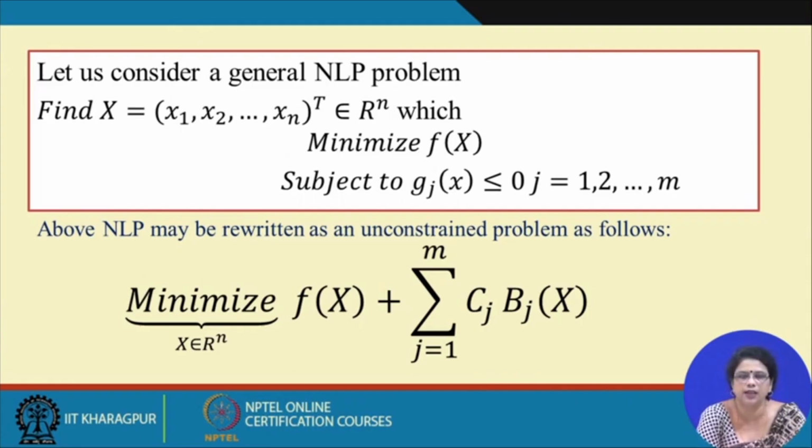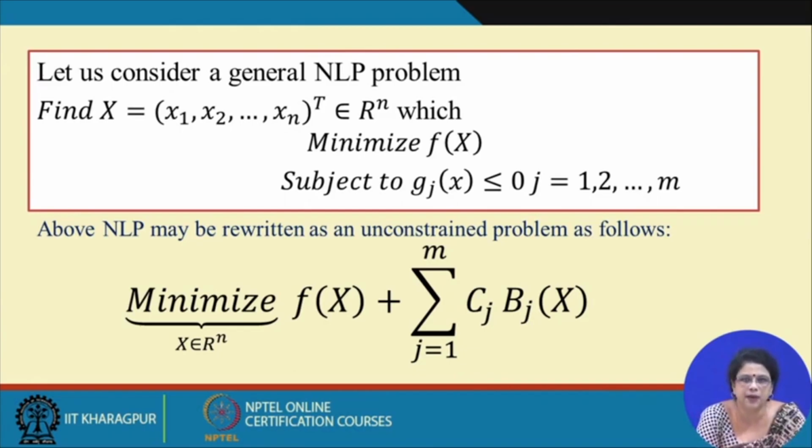Why we are calling it a barrier function, I will discuss later on, but this is a penalty function. If the point is not at the optimal, or rather the boundary of the feasible region, this barrier function value will be positive. Cj will be the corresponding penalty parameter. As a whole, we have a summation of all penalty terms.